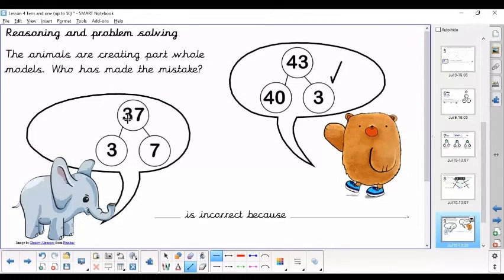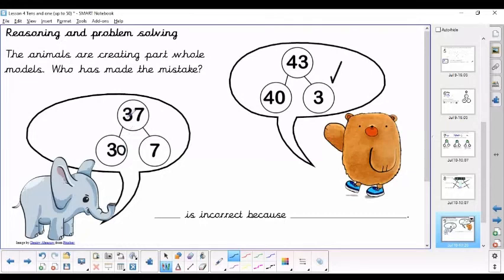Here I have the number 37. 37, there are 3 tens, so I should have 30 in this part down here. Oh, I don't. So what's happened there? What have they forgotten to do? They've forgotten to add the 0. There we go.